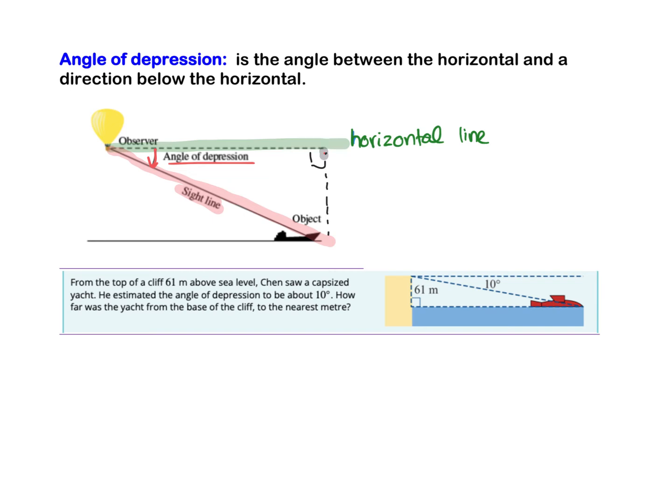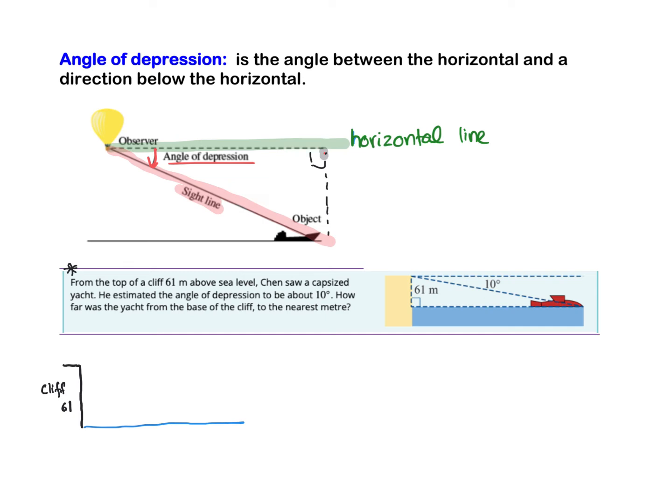Okay, so let's do this next question. Now, this diagram looks confusing to me, so I'm going to draw a diagram as if I got this question without the diagram and show you how we do it. So from a cliff 61 metres tall, I've got a cliff, and I know this is 61, above sea level, so down here you've got the sea.